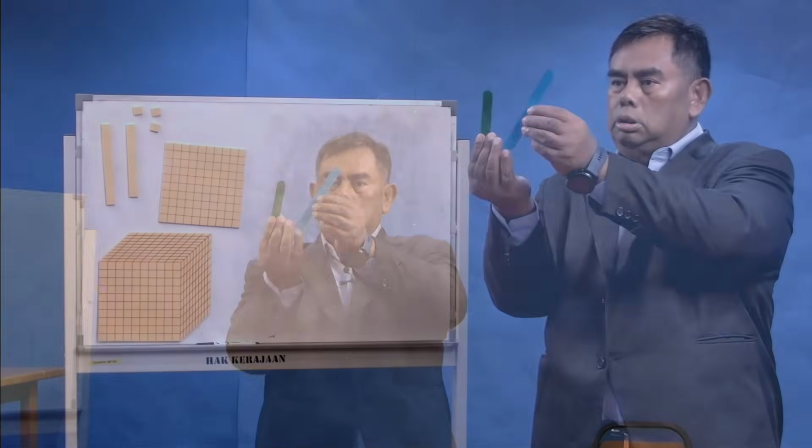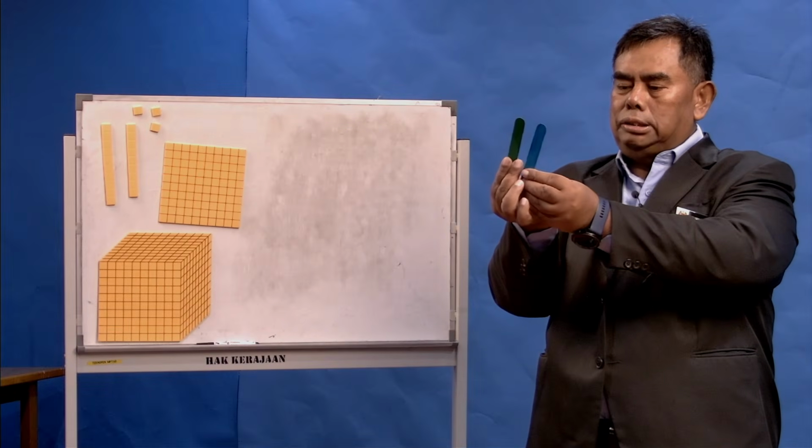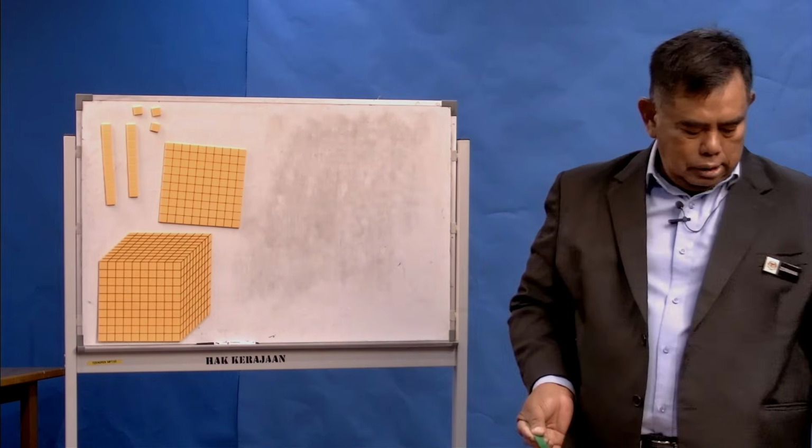So this is where we start the fraction number. Because we have half accuracy, I have half accuracy like this, because one accuracy is a whole.